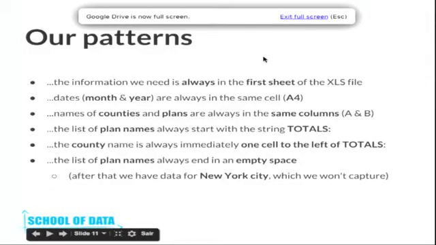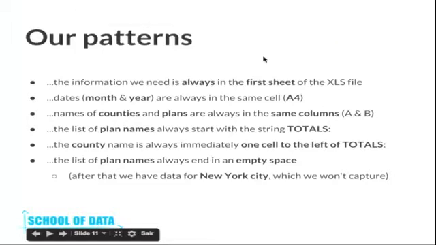Dates are always in the same cell, which is A4. Names of counties and plans are always in the same columns, A and B. The list of plan names always starts with the string totals. The county name is always immediately one cell to the left of totals. The list of plan names always ends in an empty space. After that, we have data for New York City, which we won't capture in this exercise.